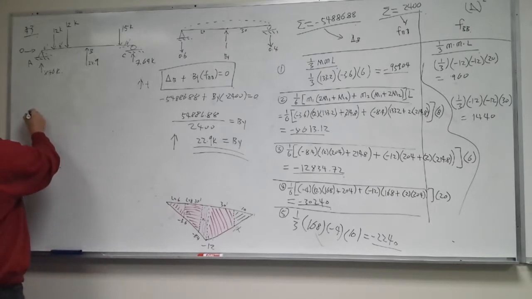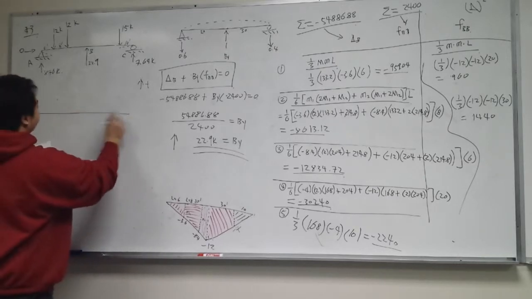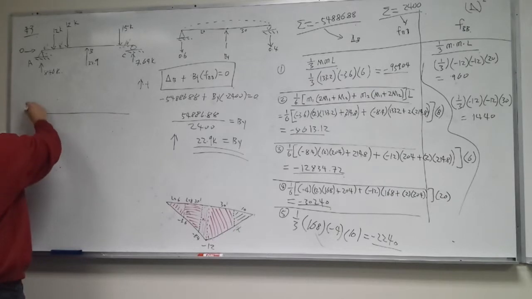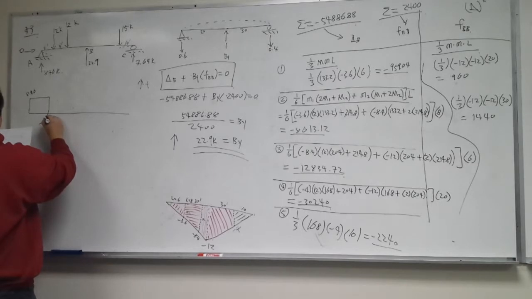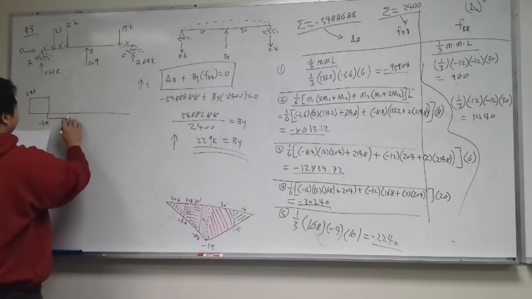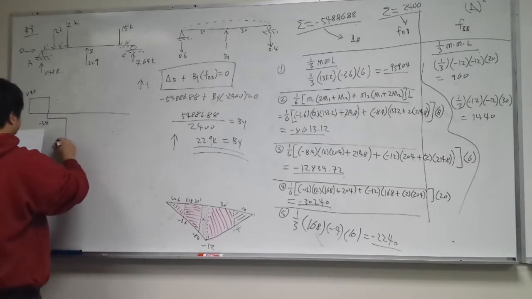You can draw your shear moment diagram. For shear, going up 8.46, going down to negative 3.54, and come to here, go up, down again, so it becomes negative 15.54.